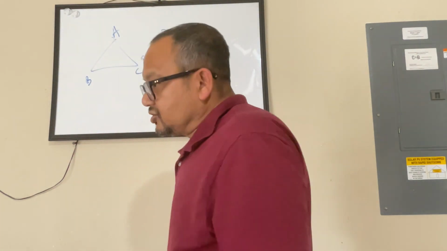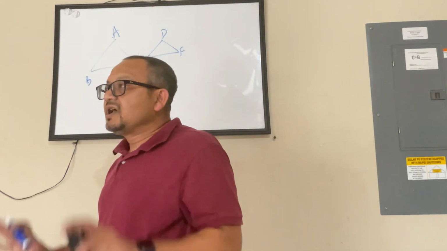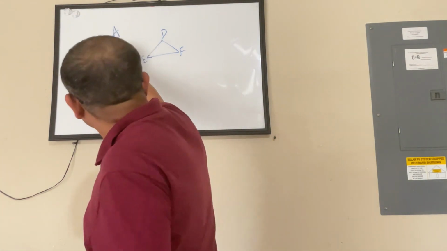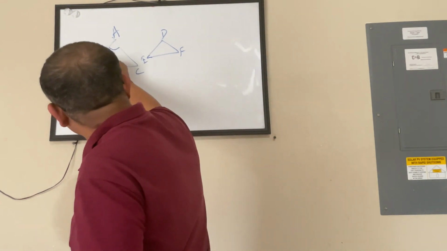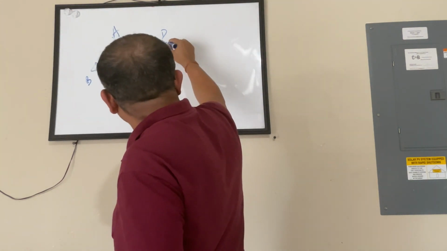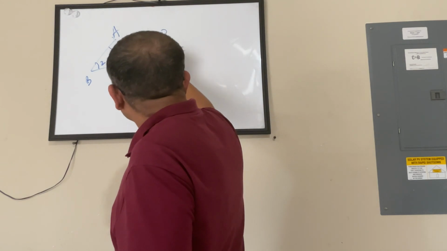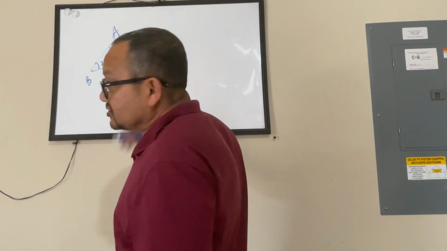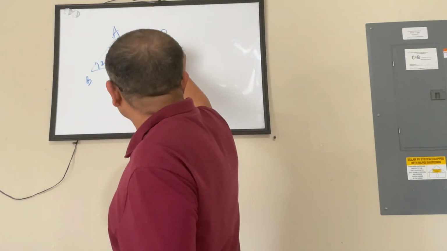Yes. So basically, similar triangle means if two triangles are similar, the three angles of one triangle have a matching equivalent angle in the corresponding triangle. Let's say this is angle 1, angle 2 and angle 3, and here we have three angles. So this could be the same as angle 1, this as angle 2, and this as angle 3.